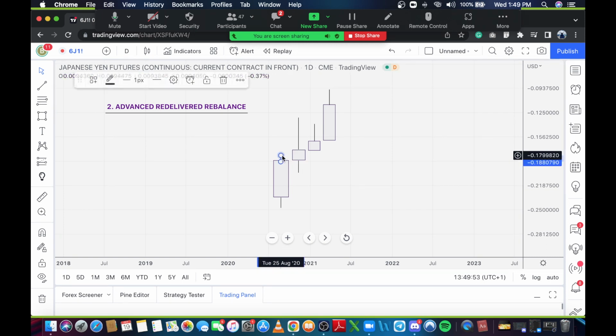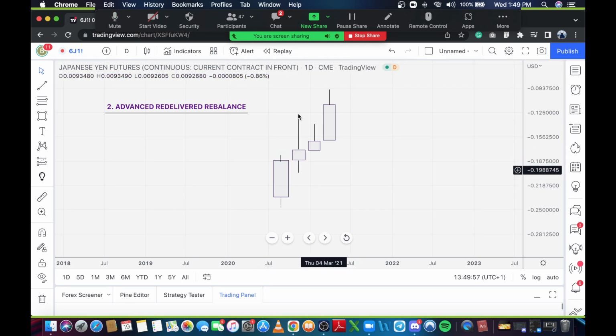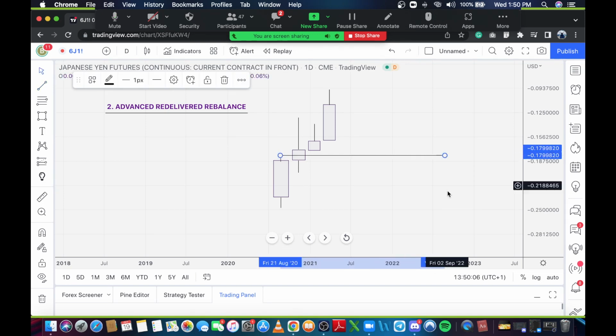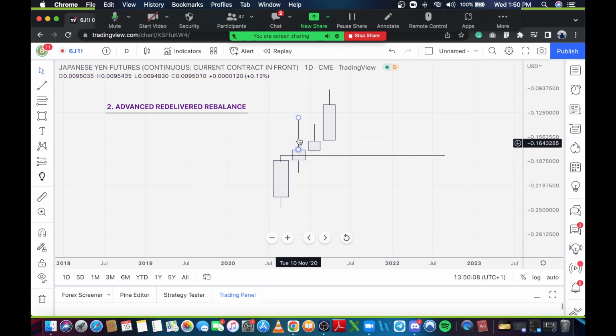All right, so let me get this straight. From the high of this candle, you have all of this balanced. And then you have an actual market gap here that the market redelivers on the buy side and then continues to deliver to the upside. Now, this is a gap.